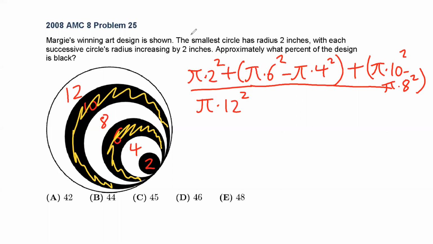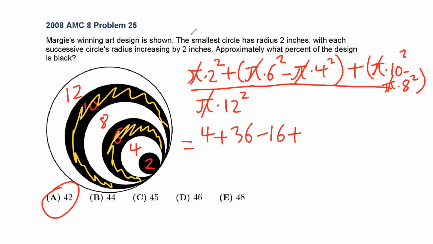If you calculate this fraction and convert it to a percentage, you should get A, which is 42. Actually, let me just calculate it quickly. We can cancel out all the pi's. So goodbye pi's. The numerator will be 4 plus 36 minus 16 plus 100 minus 64, over 12 squared.